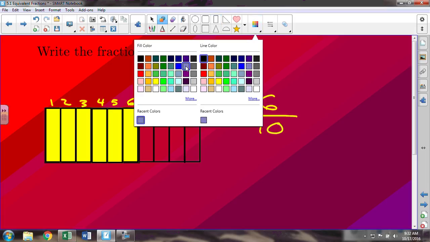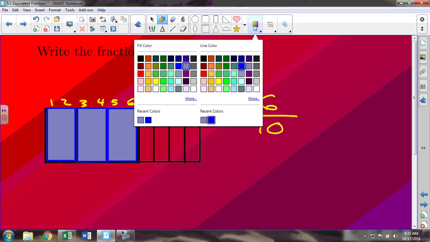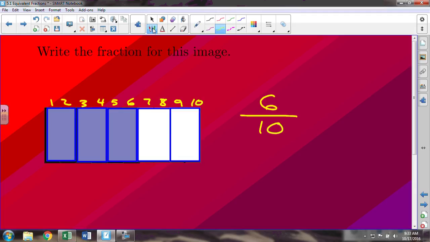And if we group them in chunks of 2, that's 1, 2, 3, 4, and 5. If we looked at them this way, we've got 1, 2, 3, 4, 5. This is 3 shaded out of the 5, and yet it was the exact same picture.